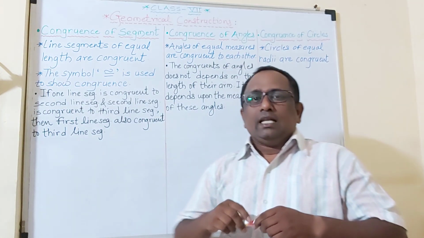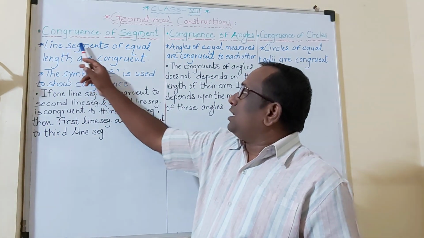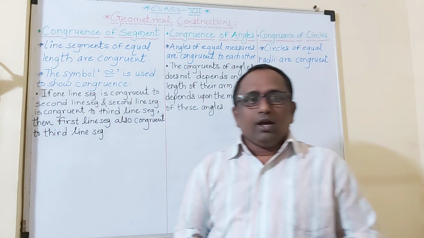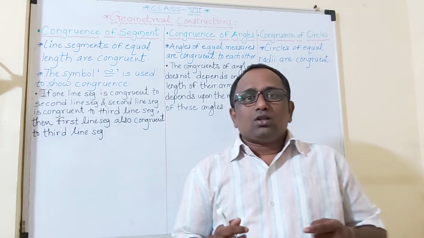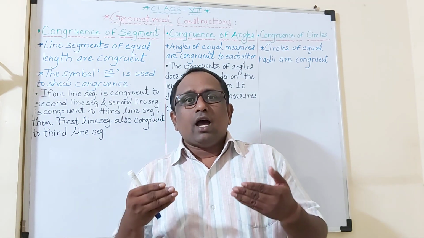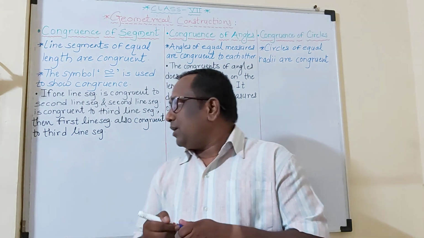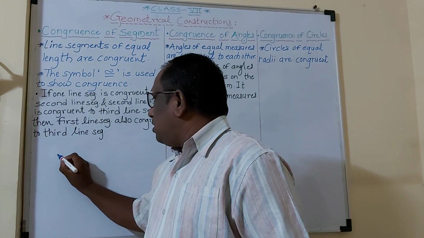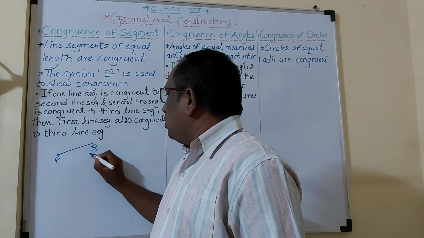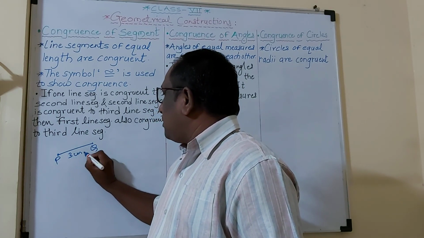Line segments of equal length are congruent, if the line segments have the same length. Look here. For example, I draw a line segment PQ, that is 3 centimeter.